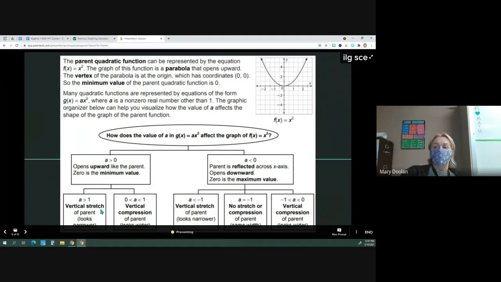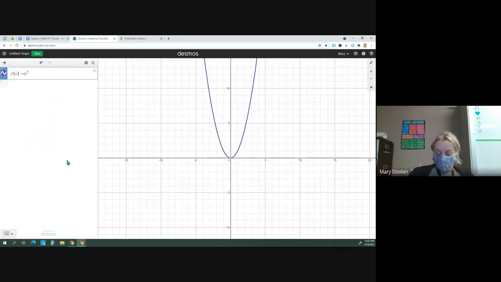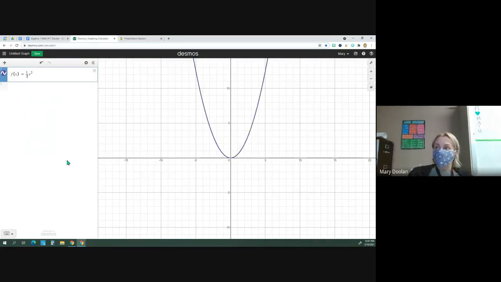But these two cases here, so we looked at a is not only greater than 0, but greater than 1. It's a vertical stretch. If we choose some value of a between 0 and 1, some proper fraction, then we're going to have a vertical compression. So let's see what that looks like. I change this to 1 divided by 2. It got a little bit compressed down, or wider.